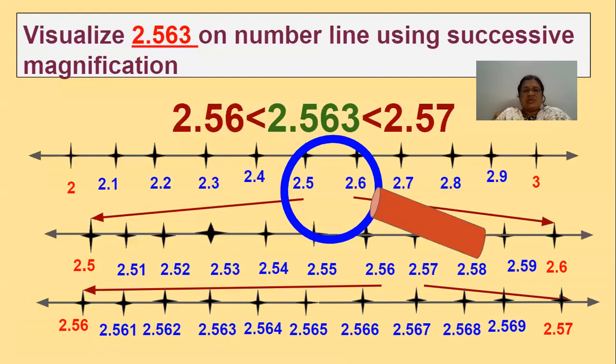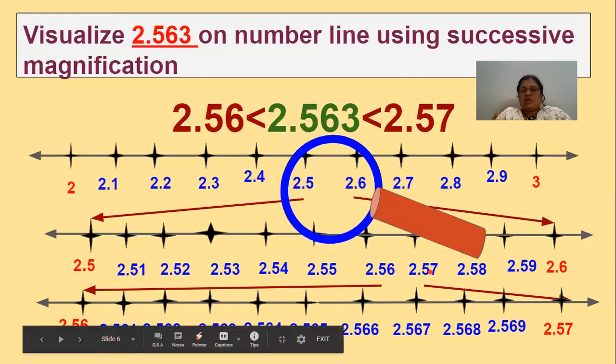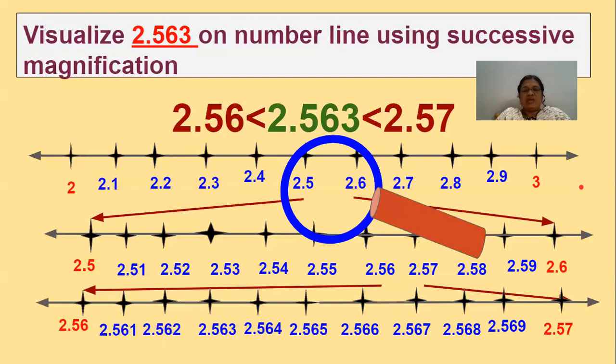So this one, 2.56, I have noted here, 2.57 I have noted here, and the points will be 2.561, 562, 563, 564, 565, 566, 567, 568, 569, and when we add 1 to 69, it will become 70. So 2.57, isn't it? So it is correct.